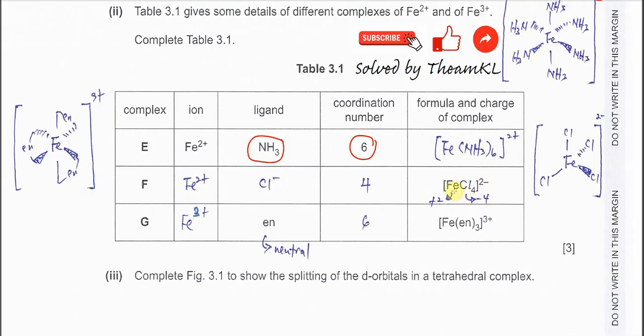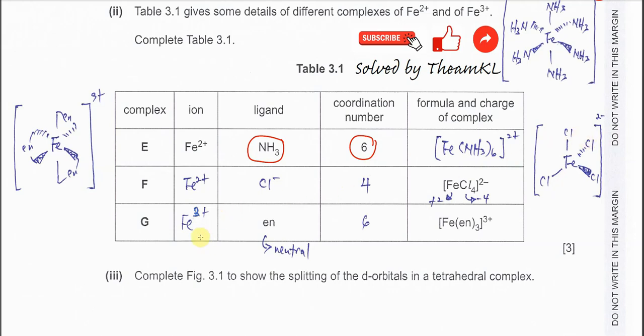So it's telling us the iron now is iron 2, because positive 2, negative 4, the overall is 2 negative charge. So now we are quite clear: the ion is iron 2, the ligand must be chloride, and the coordination number is only 4, because of the 4 bonds. Something like this. This is a tetrahedral complex formed between the iron 2 and chloride.